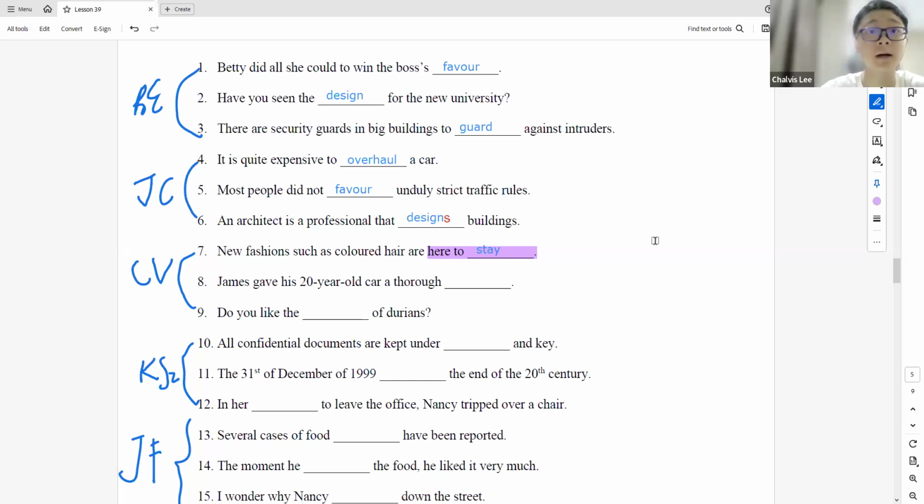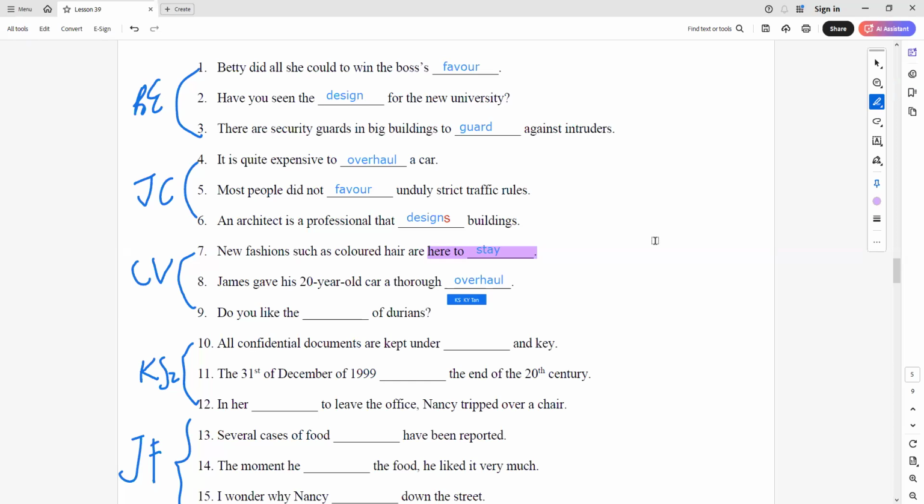James gave his 20-year-old car an entire overhaul.